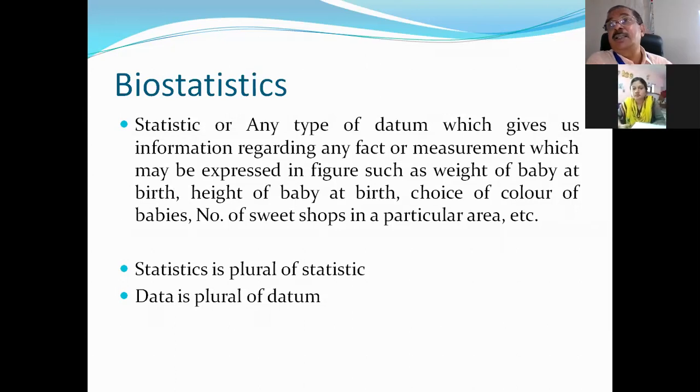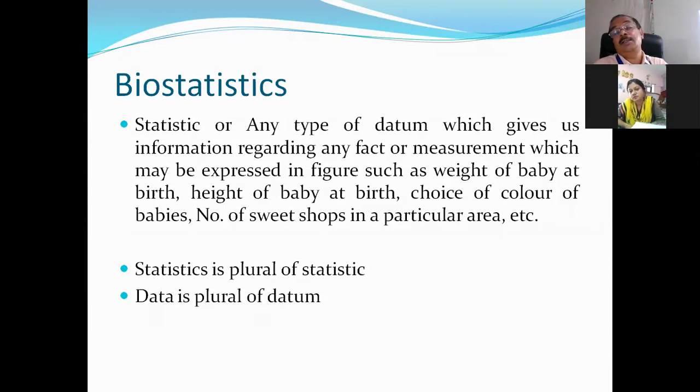Whenever a baby is born, we ask how much weight the baby is. If it is 2.5 kg, it is said to be average weight. If it is more than 3 kg, the baby is overweight, and if it is 1.5 kg, it is underweight.